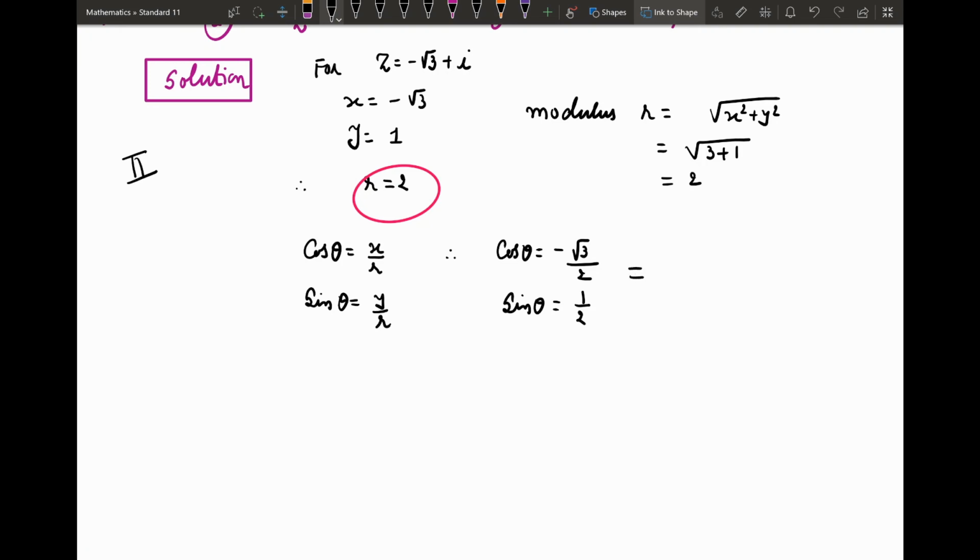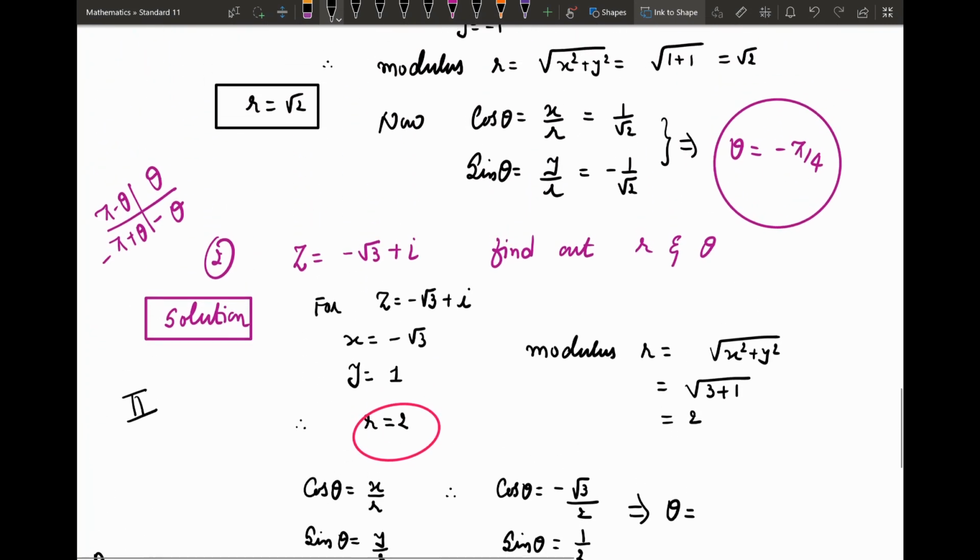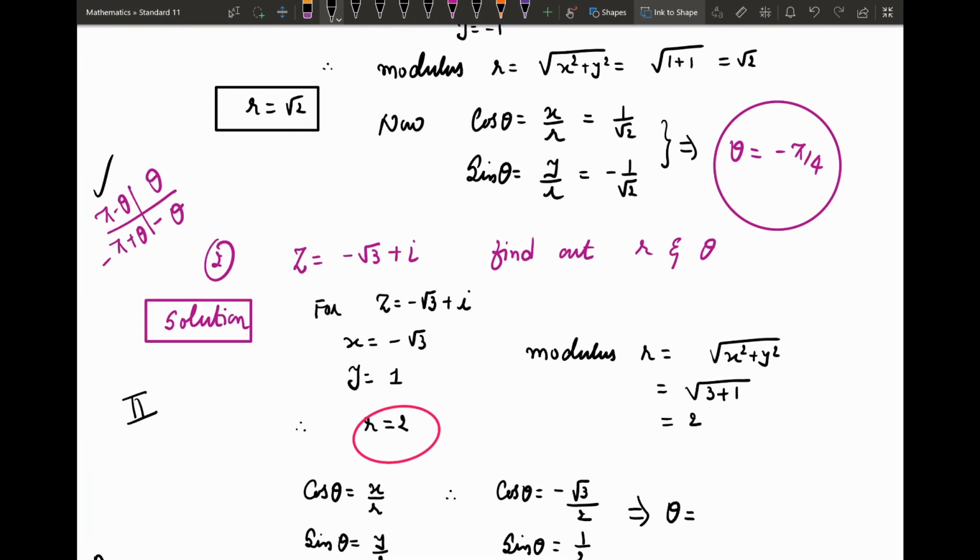So this implies, now take care, we have to go into the second quadrant because sin positive, cos negative. If you omit the sign, then sin theta equal to 1 half, then theta must be pi by 6, sin 30 is 1 half. Now we have to go into the second quadrant using this formula, pi minus theta.